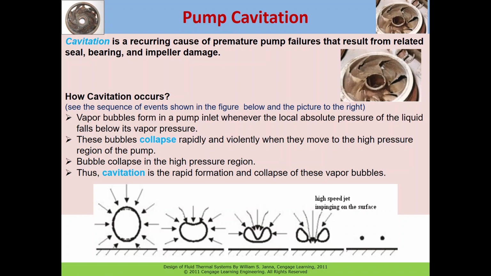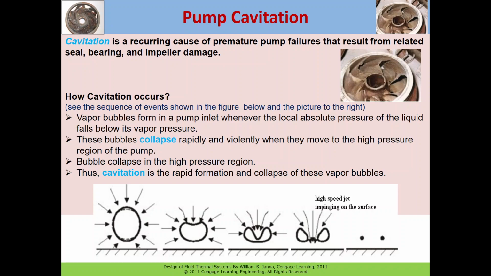And when this larger bubble goes downstream, whether in a pipe or a pump, and experiences slightly higher pressure, the bubble collapses, and during that collapse it creates a lot of sound, it creates vibration, and it creates an impact on the surface of the machine.